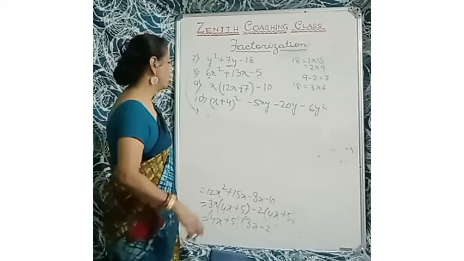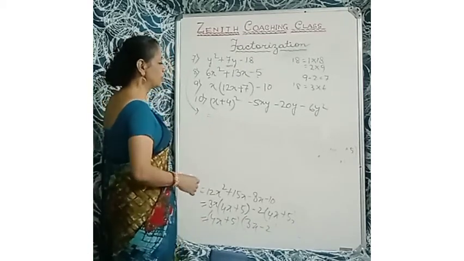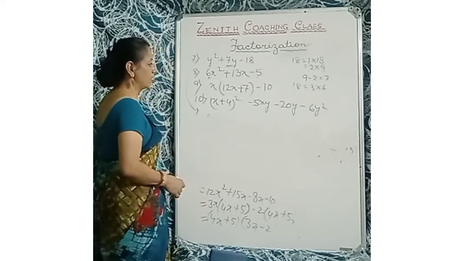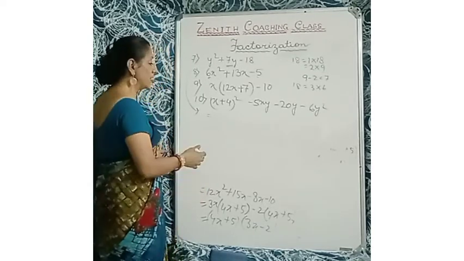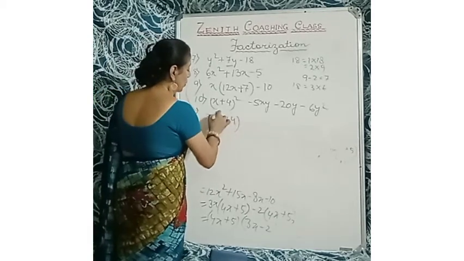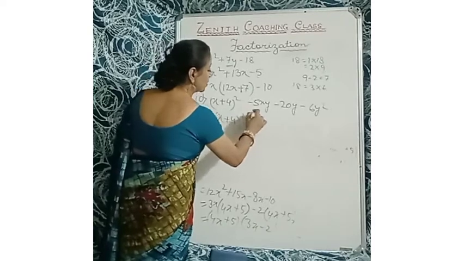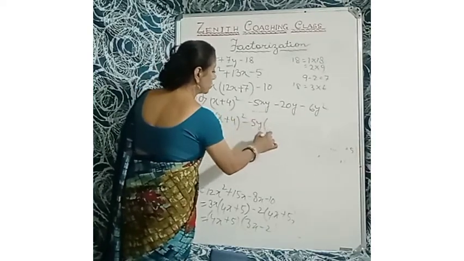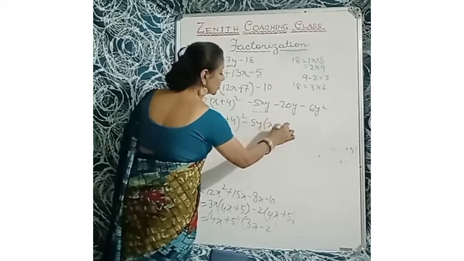This next batch. Okay. So x plus 4 whole square minus 5xy minus 20y minus 6y square. So how is it possible to factorize in the middle term factor? Let's see. X plus 4 whole square minus 5y is common. So x plus 4.